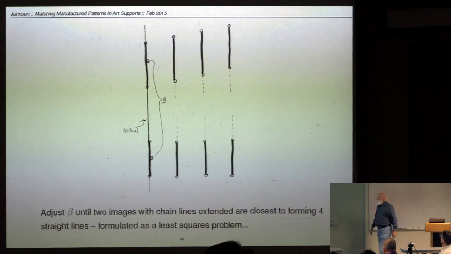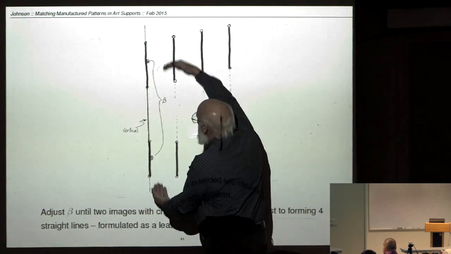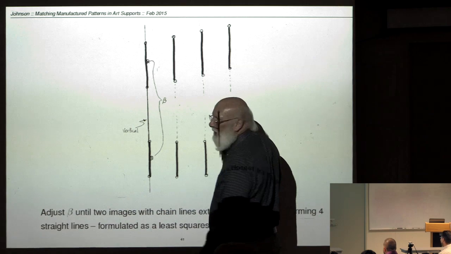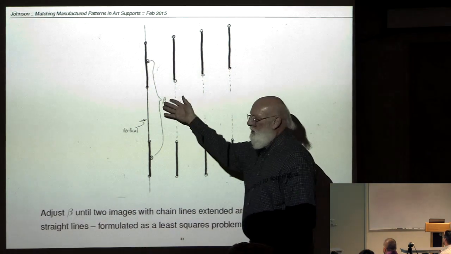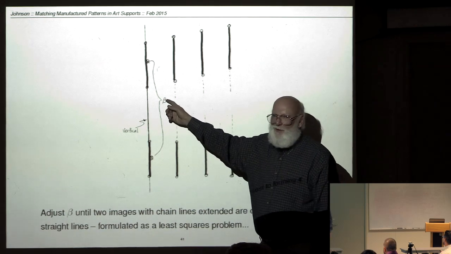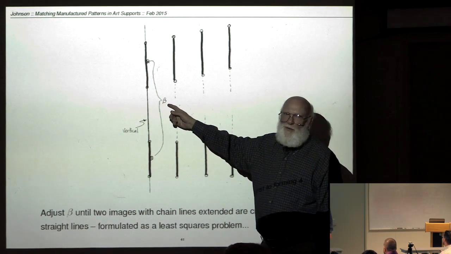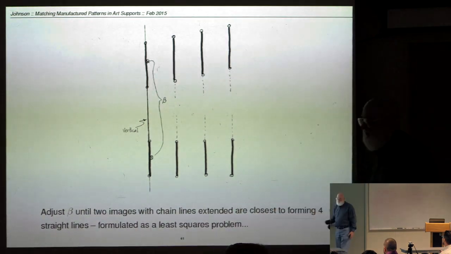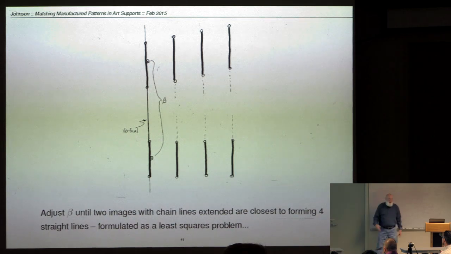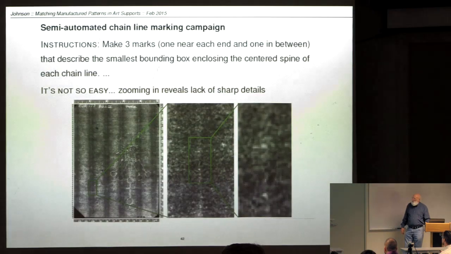And what we're going to do is line up the leftmost ones, put them in line with each other, and then move them apart until the lines form straight lines as much as possible, and that will tell us how far apart they are. And guess what? Finding this is a least squares problem. Once the angles are the same, it's really trivial. It's very poorly conditioned, so you have to be careful. But there's no giant, huge mathematical leap here.